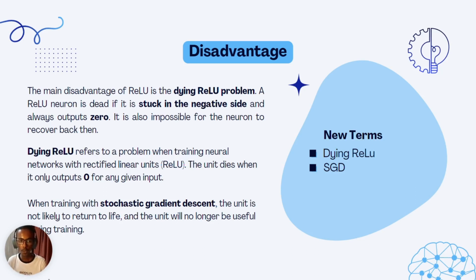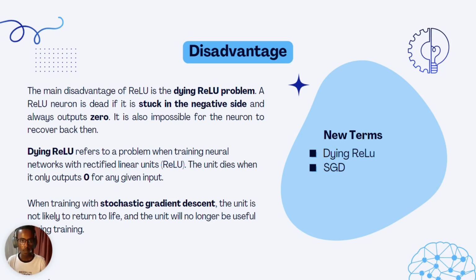As we have seen, for values less than or equal to 0, the ReLU activation function is going to output 0. So for any type of negative input, the activation function for that particular neuron is going to give us an output of 0.